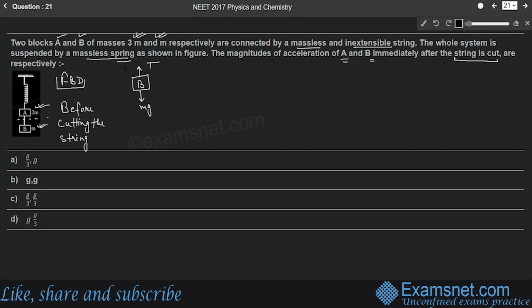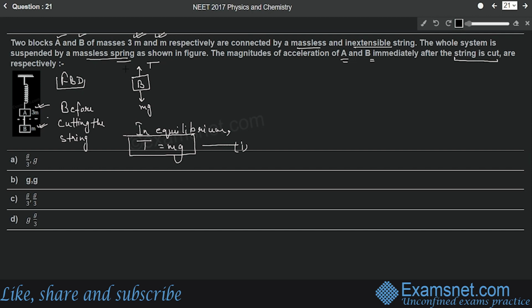So these are the forces before cutting the string, and we know that before cutting the string the system was in equilibrium. That means this is stable. So the downward force will be equal to the upward force, right? So we can say that in equilibrium, tension will be equal to mg. The downward and upward force will be equal. They will balance each other. So let's say this is equation number 1.